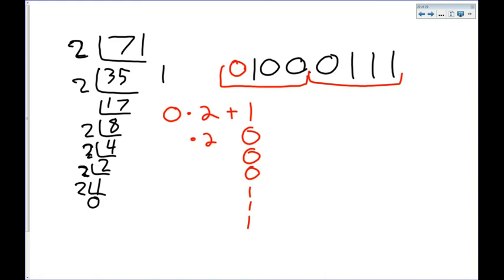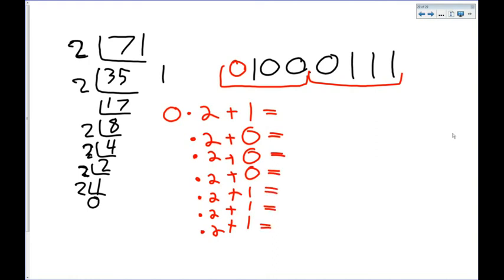And this is going to go all the way down. 2, 2, 2, 2. Why 2? Why did we divide by 2? What was the significance of it being 2? Because it's the base, right?